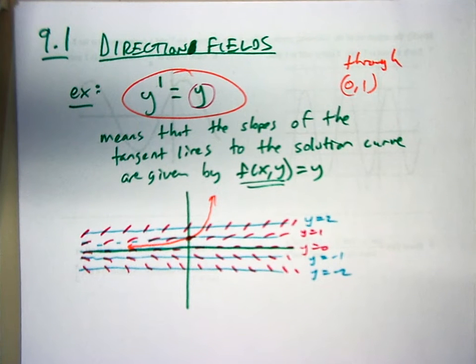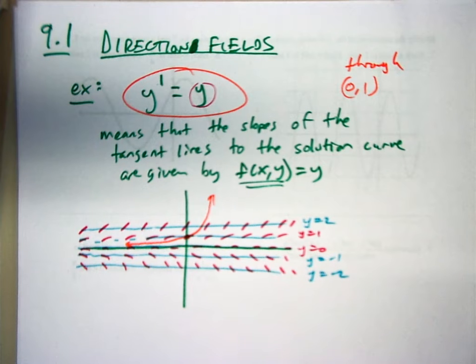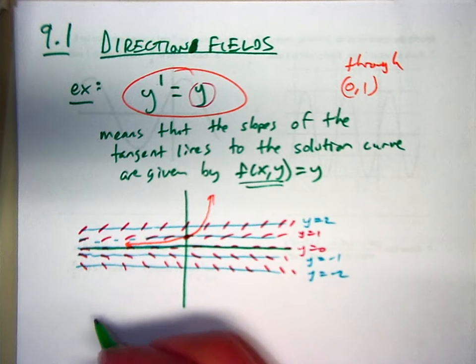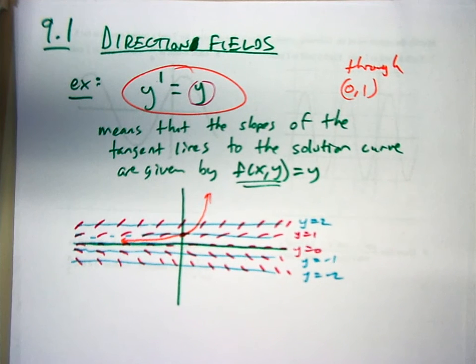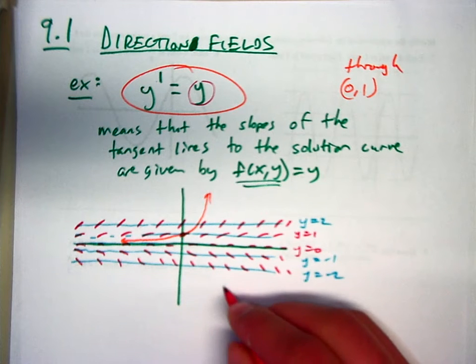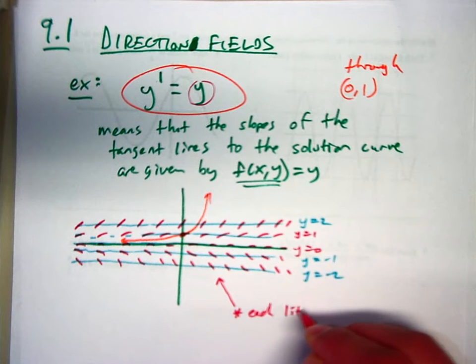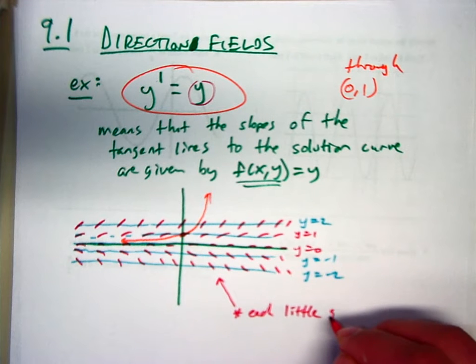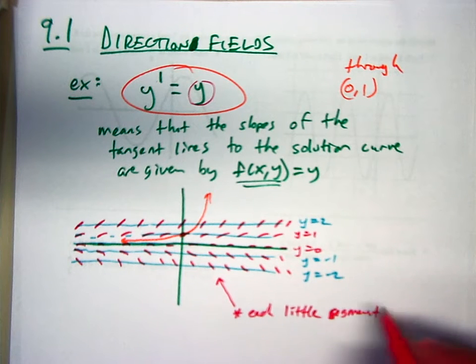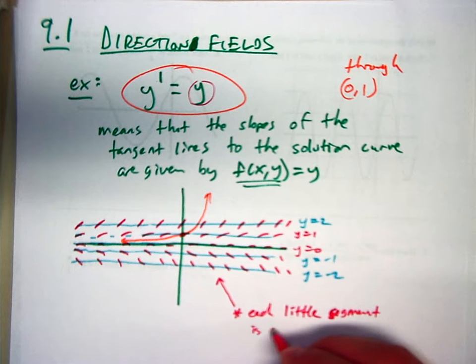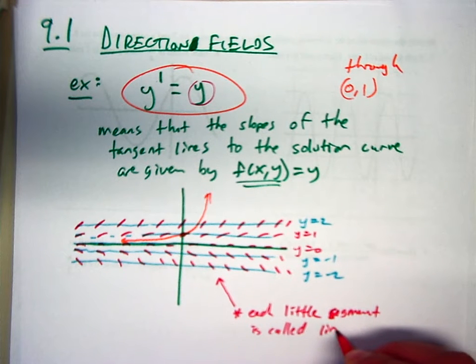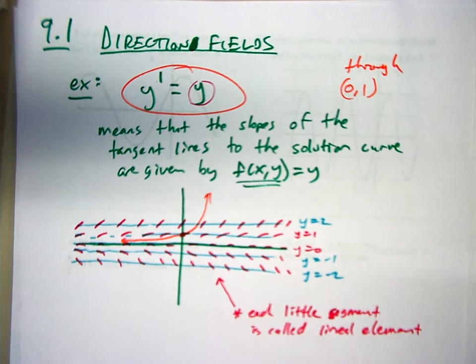Okay? In general, each little segment is called a lineal element. So you'll see the text throw that around. That's what they're talking about.